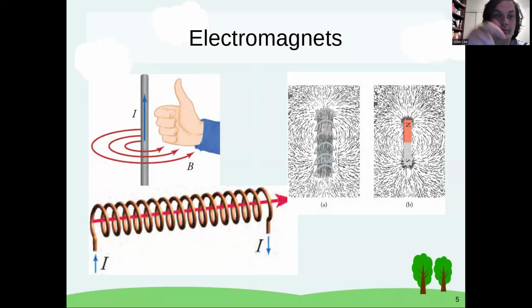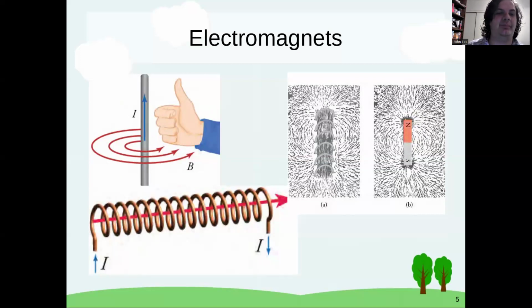As you can see, if you point your thumb in the direction of the current, then the magnetic field is going to be in the direction that your fingers curl. So it's going to be all around the current in the direction your fingers curl.